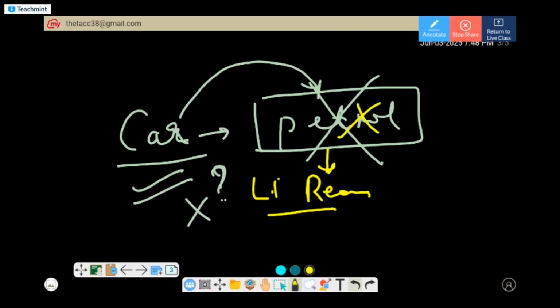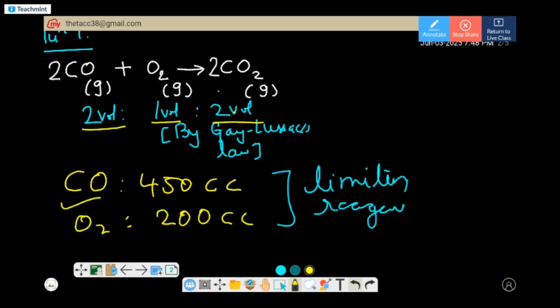So in the previous question that we had, you have to decide, because both the samples' volumes are given to you, should you take the sample for carbon monoxide or should you take oxygen? It totally depends on your knowledge about which is the limiting reagent. So according to this question, the limiting reagent is oxygen.